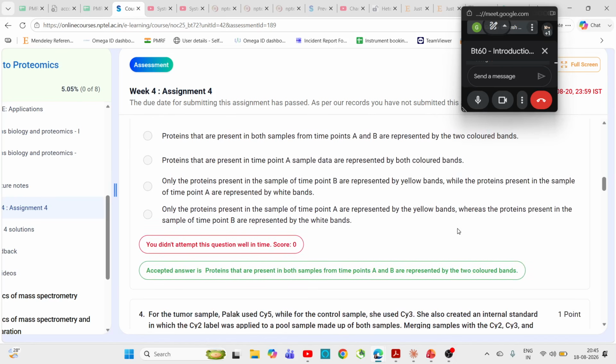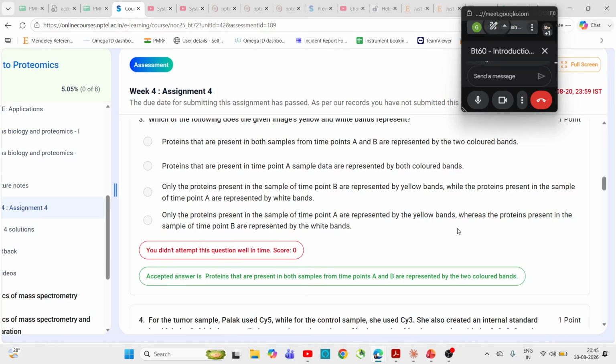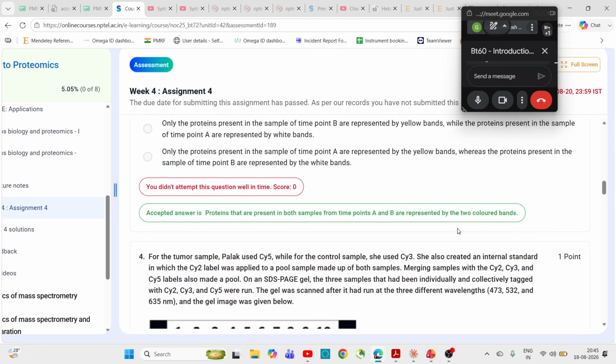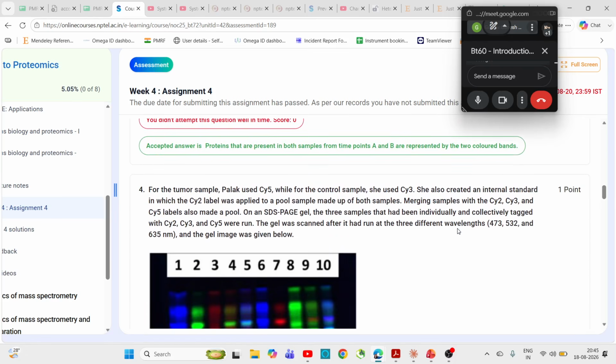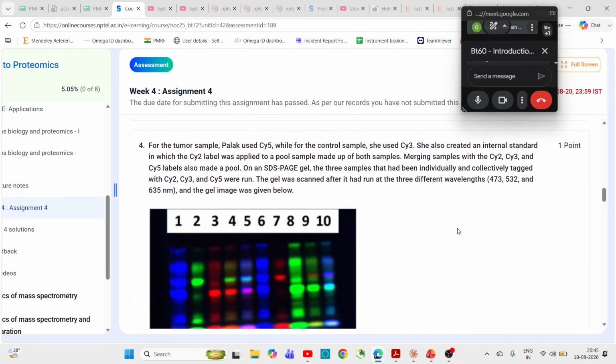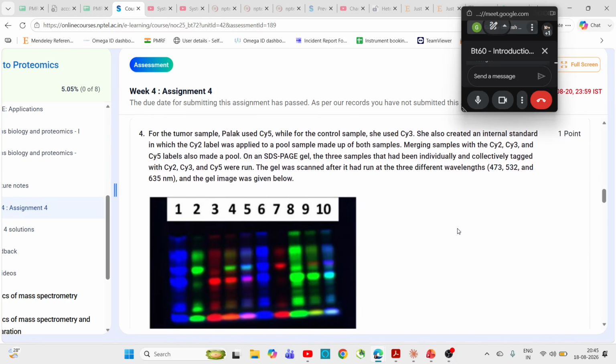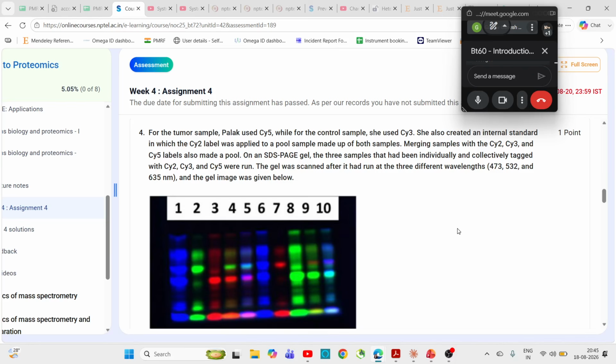As Psi5 and Psi3 both are together, it is giving the color accordingly, both mixed together. So that's the reason it is white and yellow.